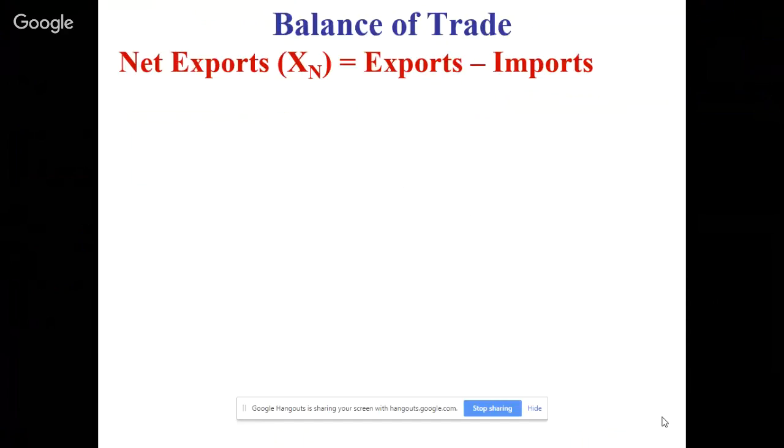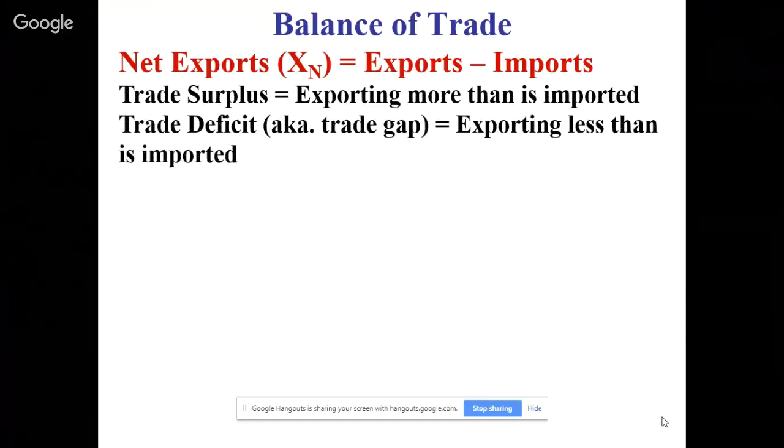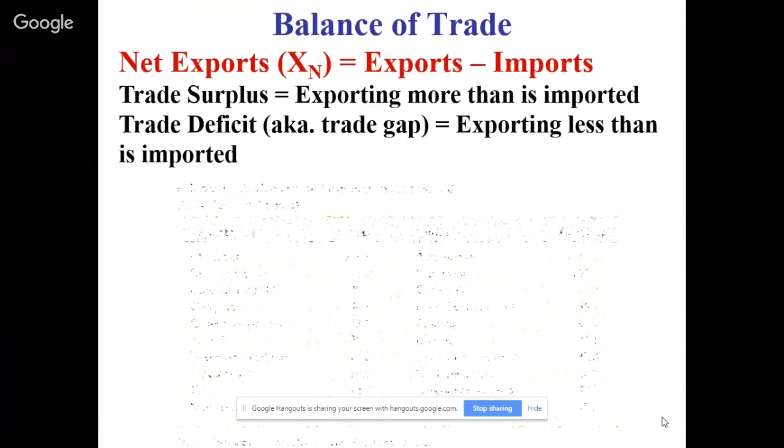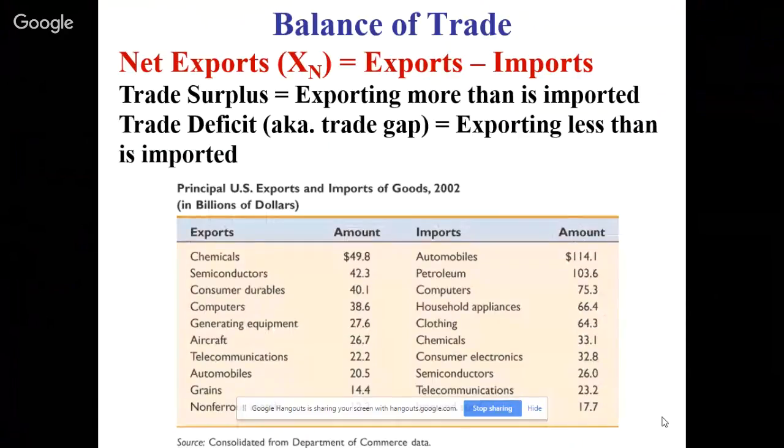Just remember again, exports are whatever goods and services we sell to other nations, whereas imports are whatever goods and services we buy from other countries. Net export is just the difference between these two points.